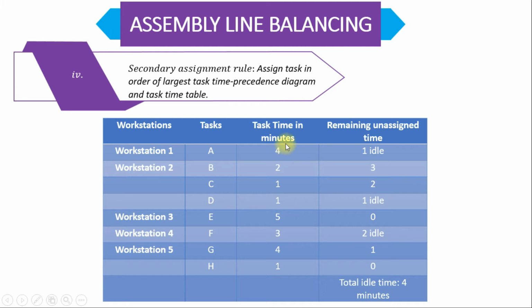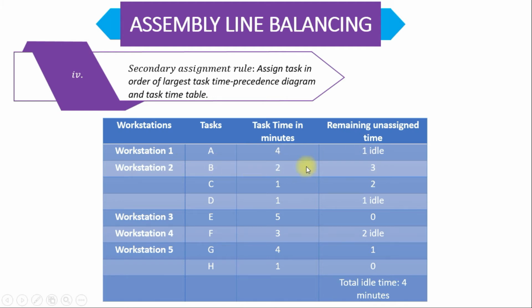Task A needs 4 minutes to be completed. But we know that the workstation cycle time is 5 minutes. So since task A needs 4 minutes, when we subtract the 4 minutes from the 5 minutes, we have 1 minute remaining. Then we ask ourselves about the next task to be performed.